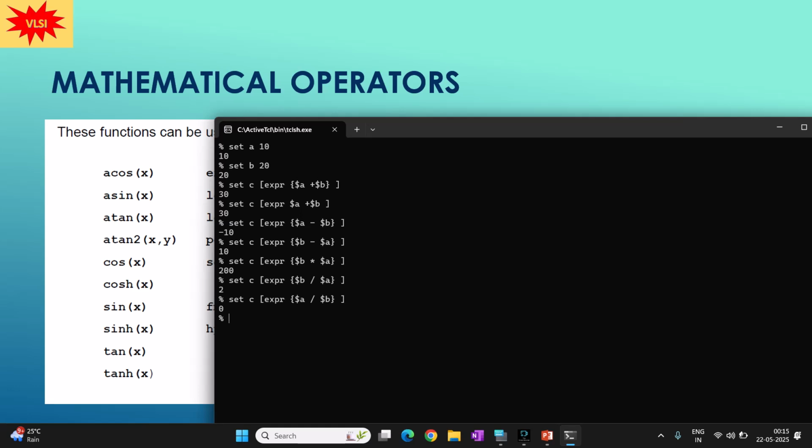So what am I missing here? Yes. The values which I have defined for A and B right now are whole numbers, while the answer that I want is a real number. So I should be defining my variables as real numbers.